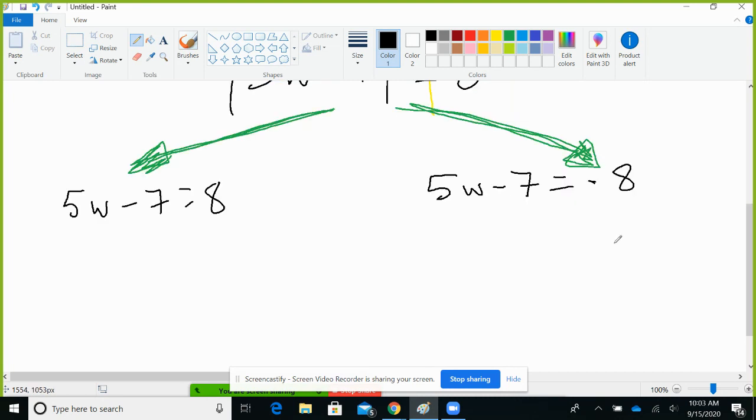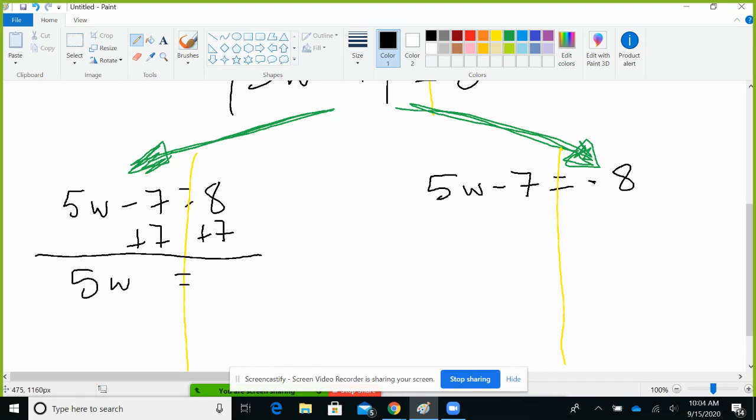All right, what do I do next? Add 7 to both sides. Get 5w equals 15.